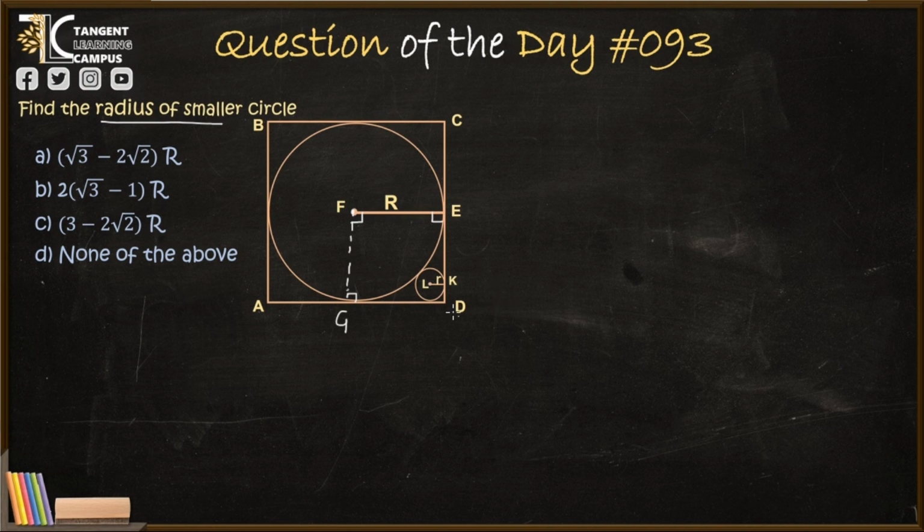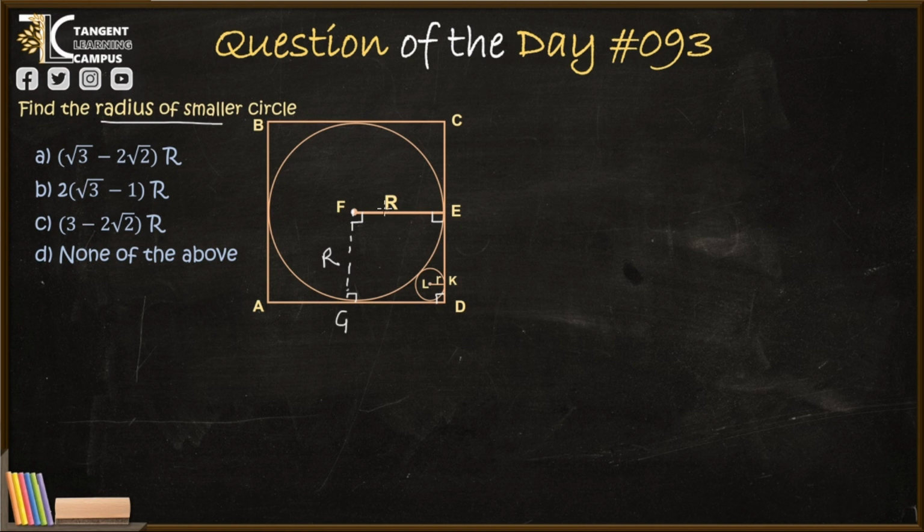If we consider this quadrilateral DEFG, we know that the sum of all angles in a quadrilateral is 360 degrees, and since three angles in this are 90 degrees each, we get angle D as 90 degrees. And here FG is also a radius, so this is equal to FE.